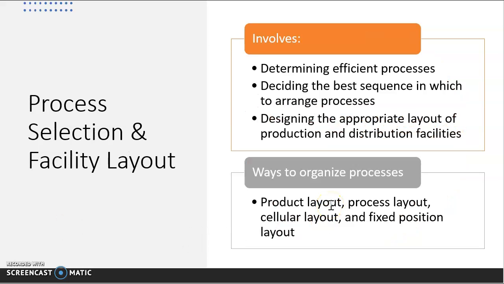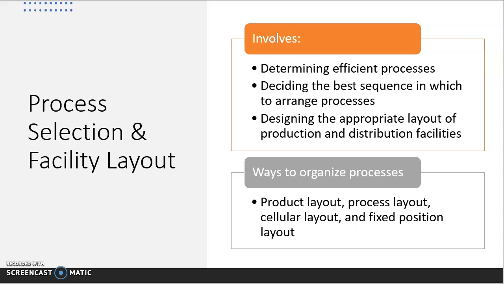All right, so let's look at process selection and facility layout. So really looking at what are the most efficient processes, deciding on the best way to arrange those processes, making sure that our facilities are laid out so that we have effective and efficient production and distribution. It also looks at ways to organize our processes, so our product layout, our process layout, and so forth.